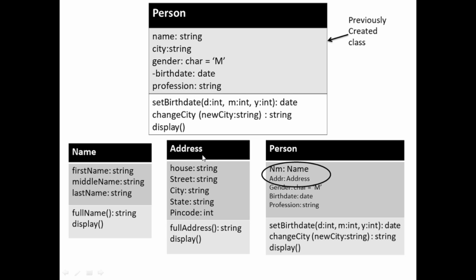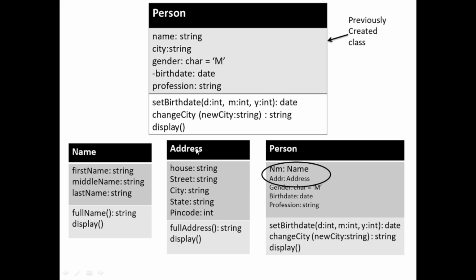In the same way, the address class is given. Here you can see house: string, street: string, all the attributes are given, and here addr: address is given. It means address is considered as a data type, like the other data types here. So when we give nm: name, the nm attribute automatically gets first name, middle name and last name, all these 3 attributes.